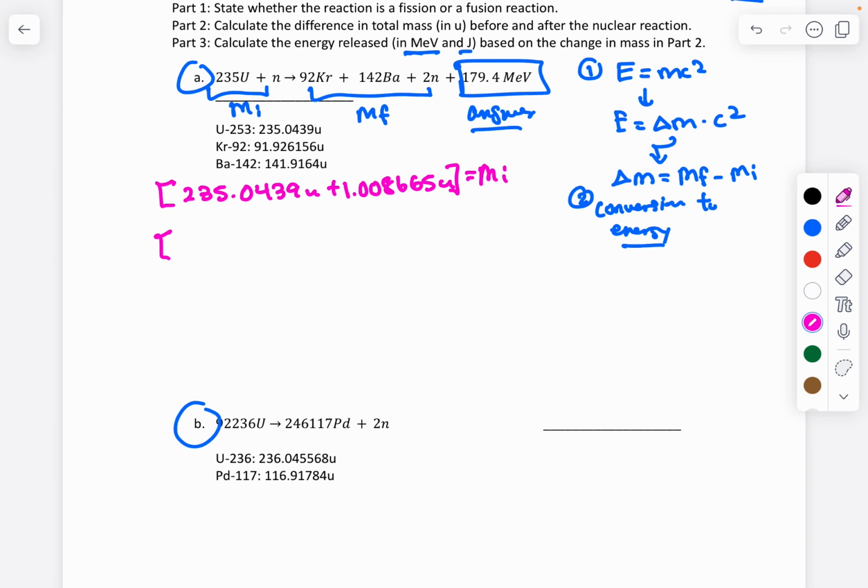So let's do our M final. It's going to be 91.92615 U plus 141.9164 U plus, in this case, 2 times 1.008665 U. Okay, like that.